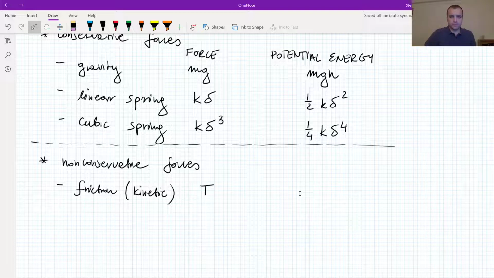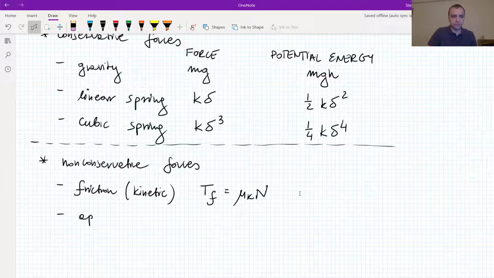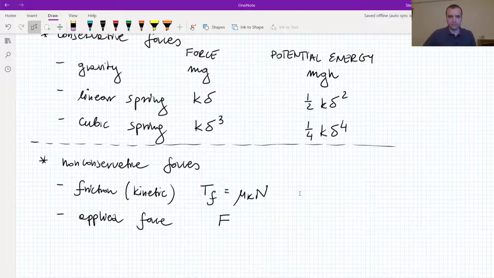So Ff is equal to mu k N. Another example can be an applied force, so just F. That force can change in time, it can change with position, it can be sinusoidal, it can be constant. It's just an applied force.